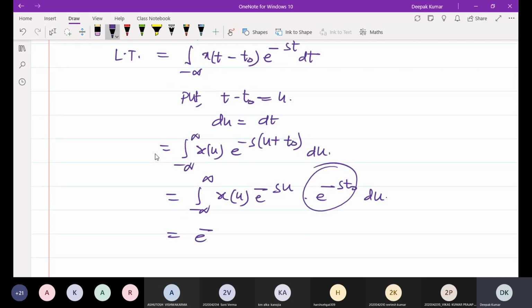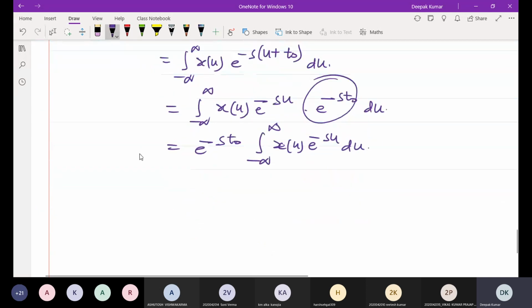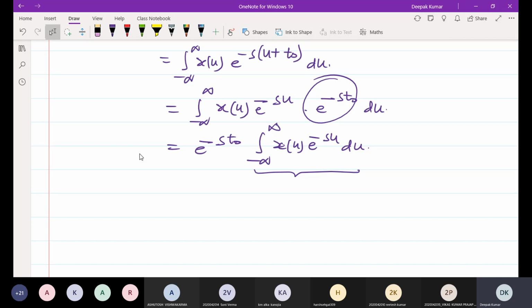It will become e to the power minus s t naught, integration from minus infinity to plus infinity x of u e to the power minus s u du. Here you can see this expression is nothing but x of s, only the integration parameter is different. So the modified expression will be e to the power minus s t naught into x of s.